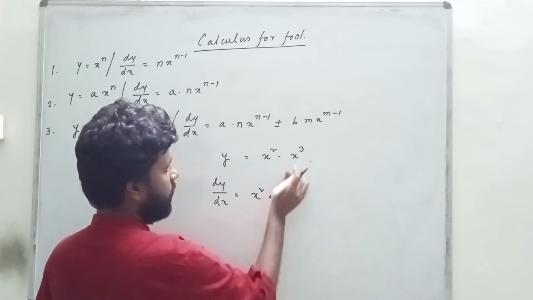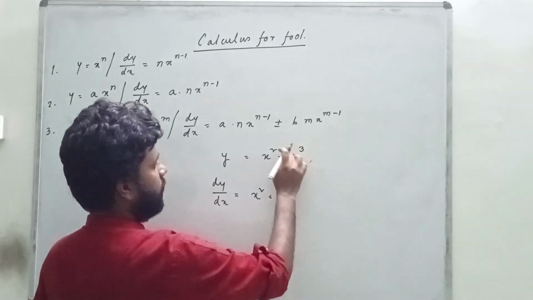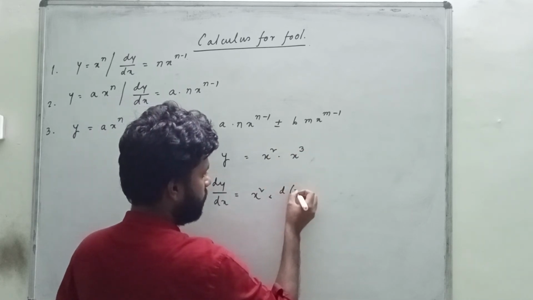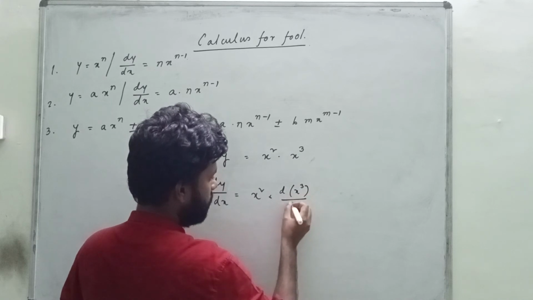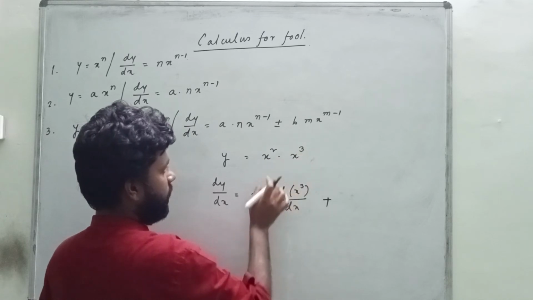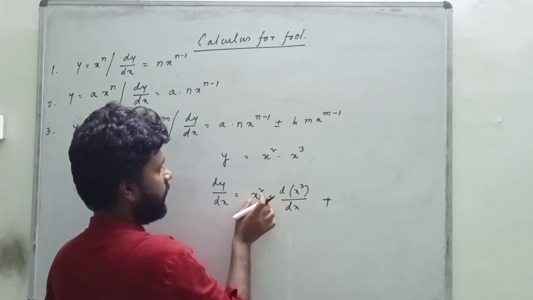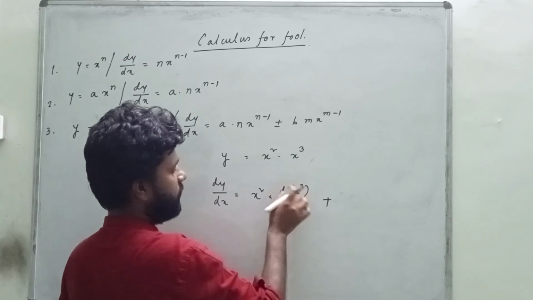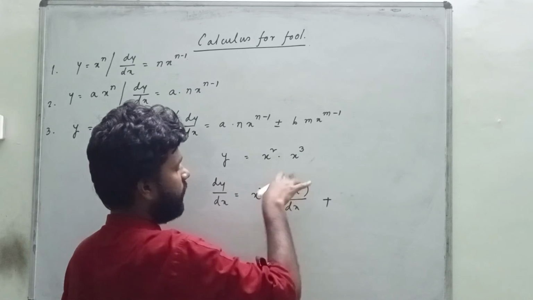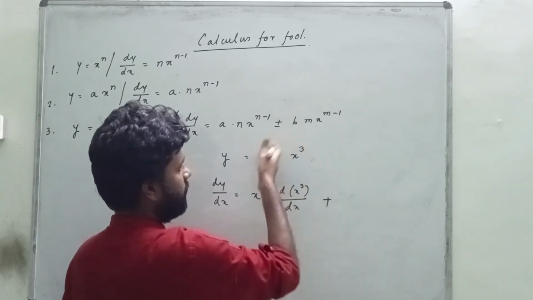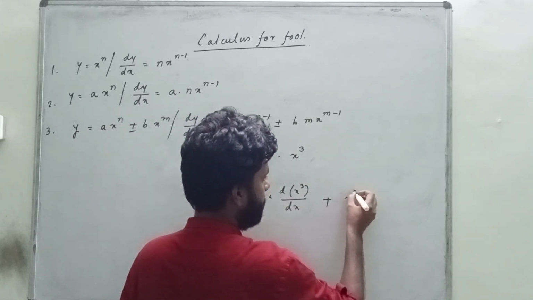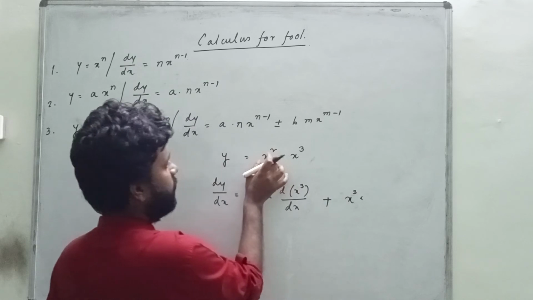Into here is a into, and now the dy dx of x cube, so d x cube by dx, plus. Previously I fixed x squared and differentiated the other part. Now I will interchange this process. I will now fix x cube here and take dy dx of this thing.